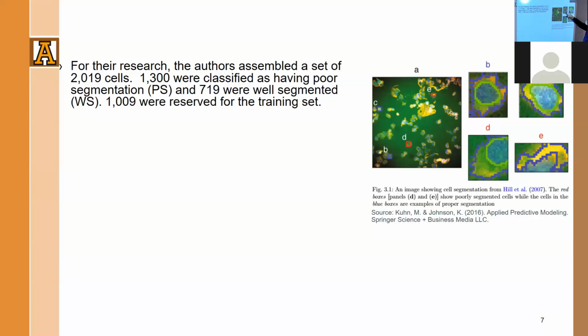These are the blue boxes, proper segmentation, and this is bad segmentation. Poor segmentation in both D and E. So, as you can see, you can do this by looking at the microscope and trying to classify a cell as well segmented or not, and that would be very, very time consuming.